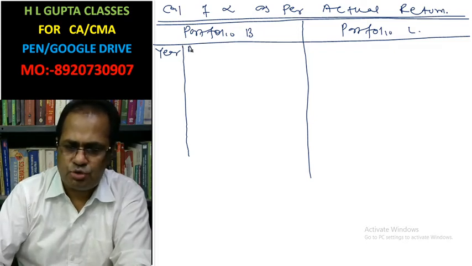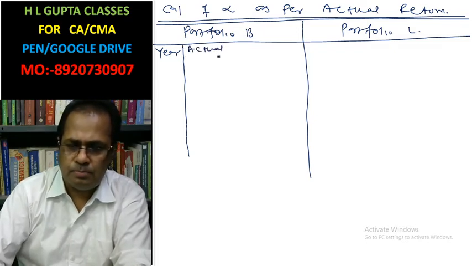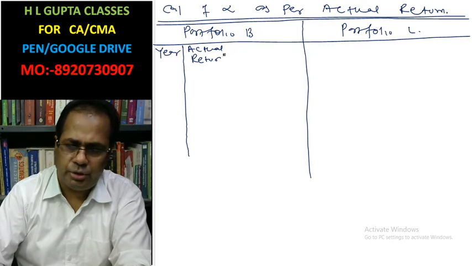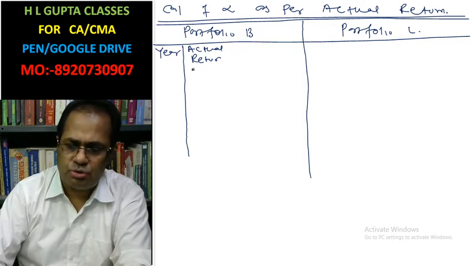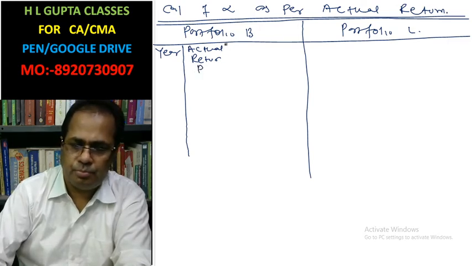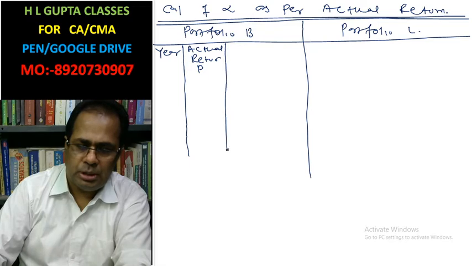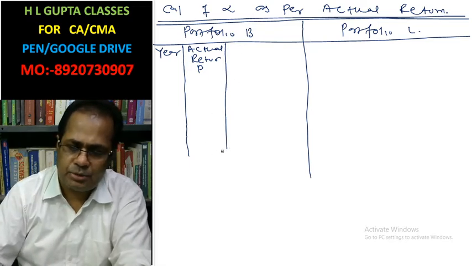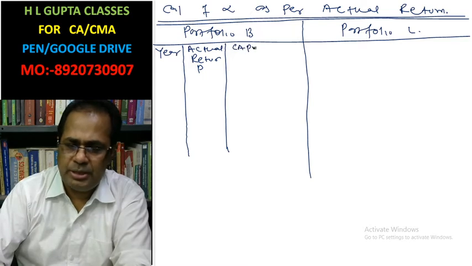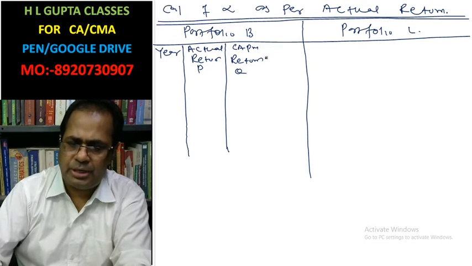Here write actual return. You assume the actual return is P. Write actual return P. This is the CAPM return, which you write as Q.